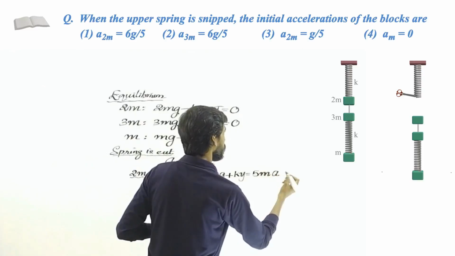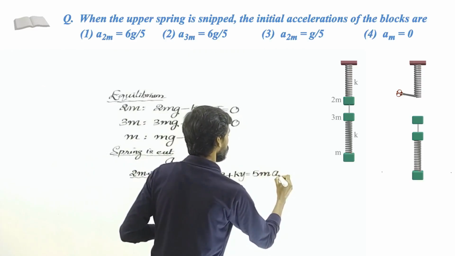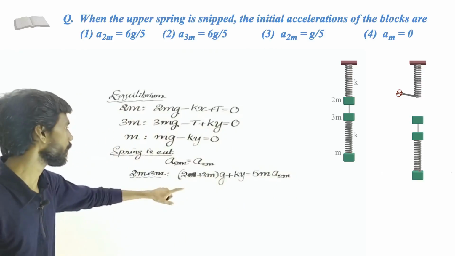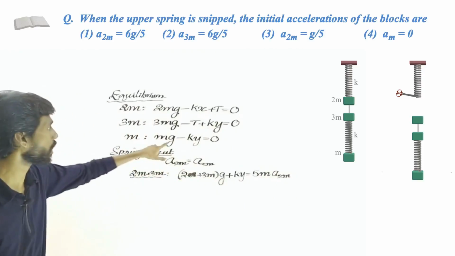times the acceleration of that 5m. You can take the acceleration of 2m or 3m, anything, both have the same acceleration. Ky is known. What is the value of ky we found? mg.